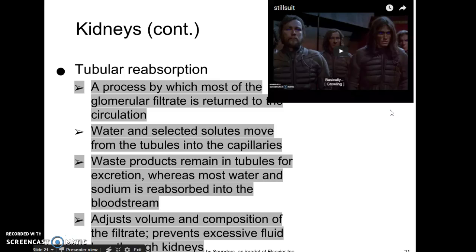Now, I'm not going to show you the movie clip in this, but if you're in class, I'm going to show you a movie clip from one of my favorite movies of all time, which is Dune. The purpose is these little suits that they're wearing, they're called still suits. And I love the explanation that they give in the movie of how the still suits work. It's basically to help people survive in the desert. And each of these pockets reabsorbs the water so that absolutely no water is wasted.